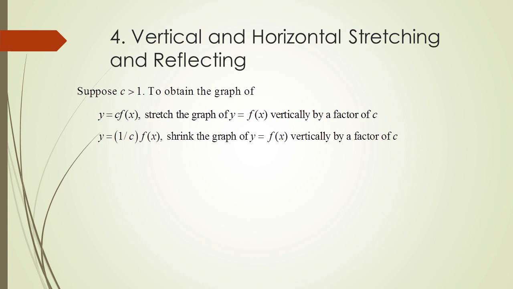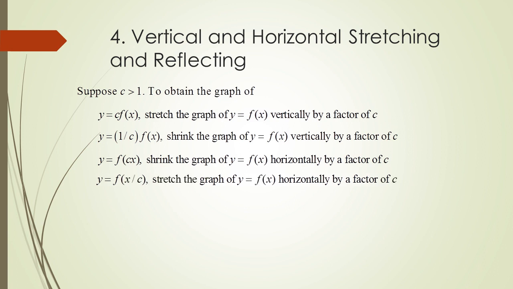Now how about if we put the constant c inside the parentheses, like y equals f(cx)? This time, even though c is greater than 1, we shrink the graph of f(x) horizontally by a factor of c. And then f of (1 over c)x inside the parentheses: this constant 1 over c is between 0 and 1. That is, stretch the graph horizontally by a factor of c.